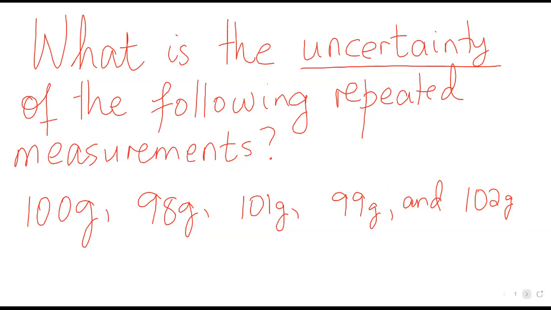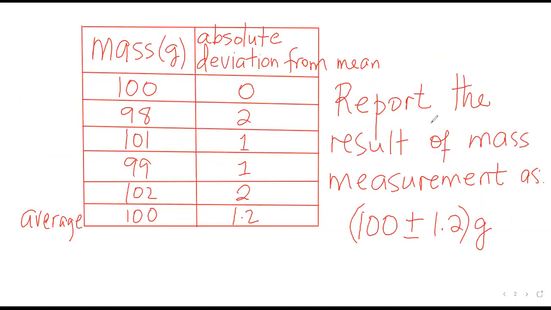First of all, you need to organize your data as follows. The measurement values are in the first column. So we have the numbers here: 100, 98, 101, 99, 102. And then you need to find the average of the 5 numbers. So you add them up.